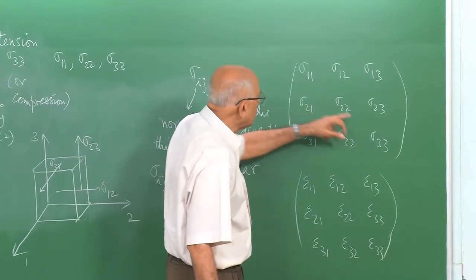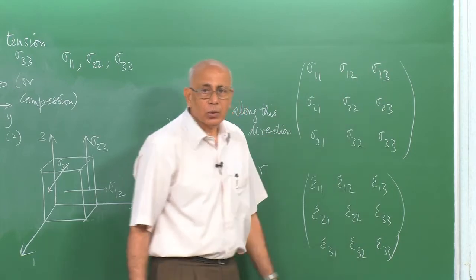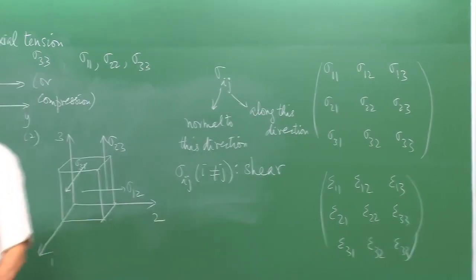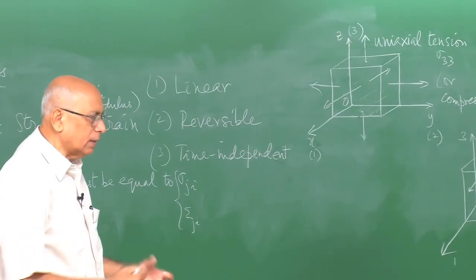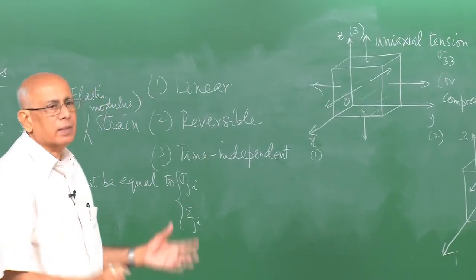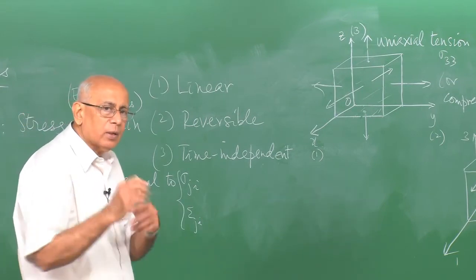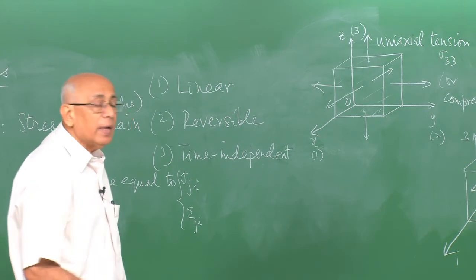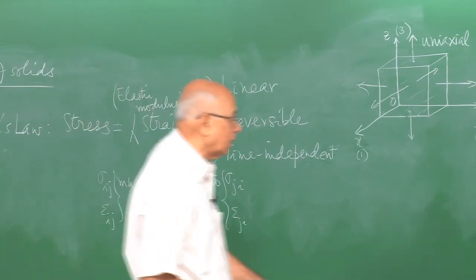You have 1, 2, 3, 4, 5, 6, and these are the same as those. So you have only 6 independent stresses possible, 3 tensions or compressions and 3 shears, and you have 6 strain components. And therefore, when you write each of these as a linear combination of all the others, you don't have 81 coefficients, but only 36 coefficients, which is already a big reduction.